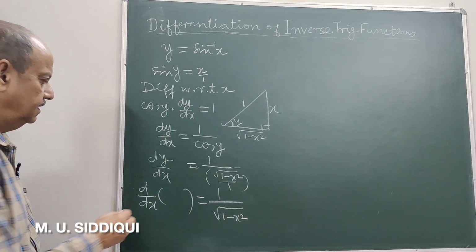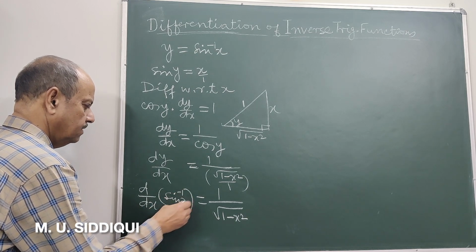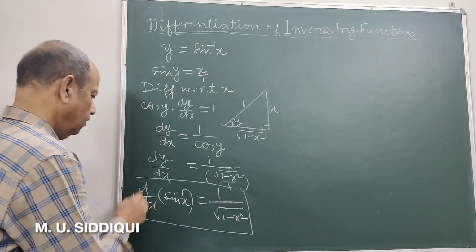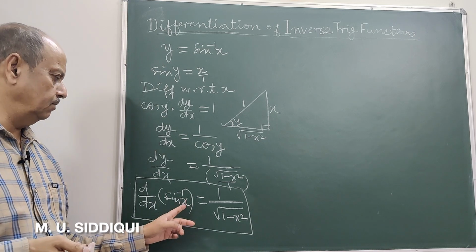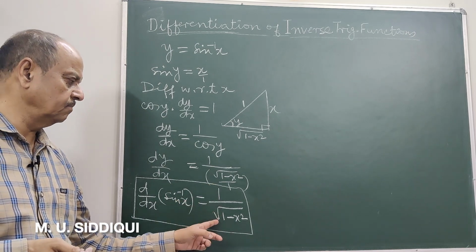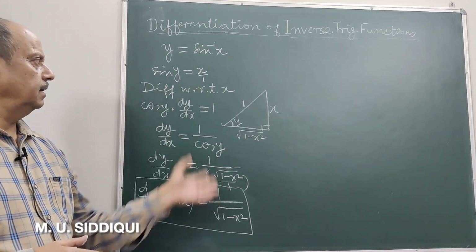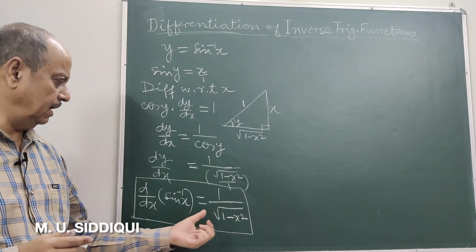Sine inverse of x. You write here d dx of sine inverse of x, and therefore we have obtained the value of derivative or differential coefficient of sine inverse of x, which is equal to 1 upon root of 1 minus x square. Similarly, we can find the derivatives for other ratios also.